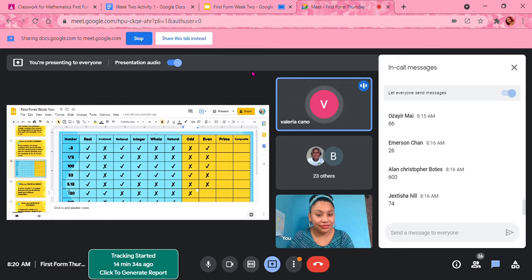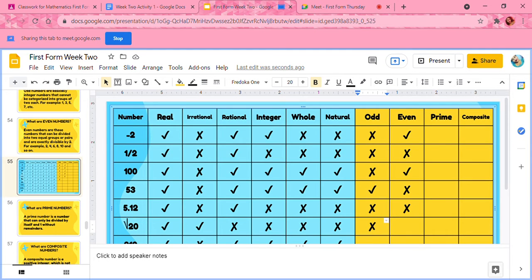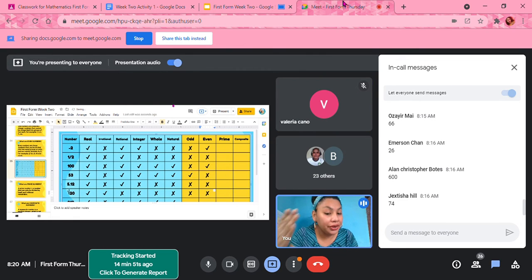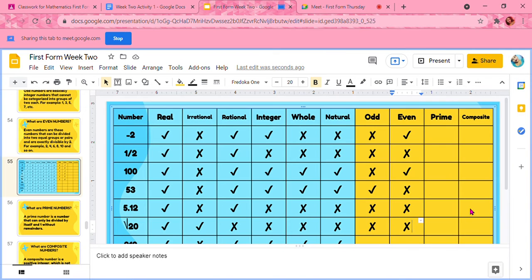Because of the square root. Very good. This is square root of 20. If it were 20 by itself, then yes, it would be even. But this is square root of 20, and a square root cannot be odd, and it cannot be even. All right? Let's keep moving on.